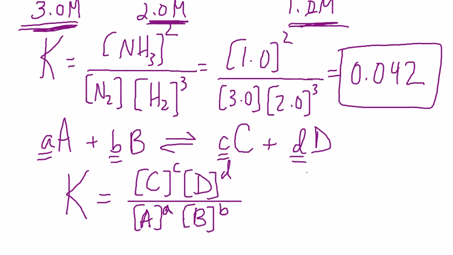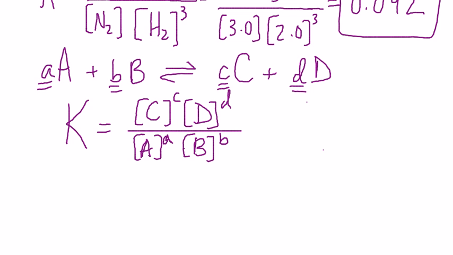Now K represents once a reaction has reached equilibrium. There's another number we can look at called Q, called the reaction quotient.